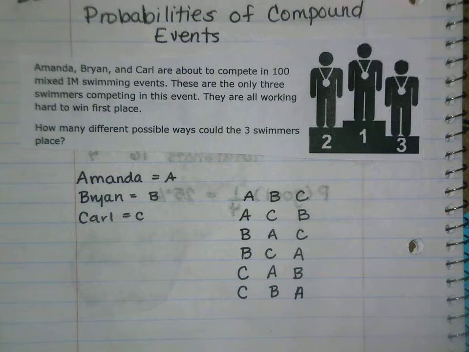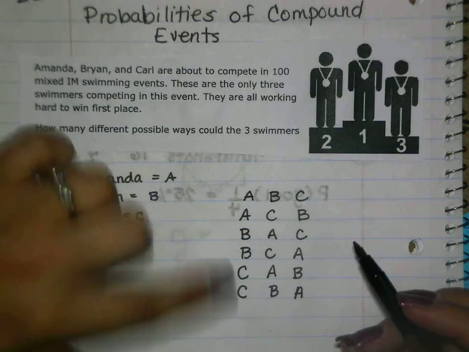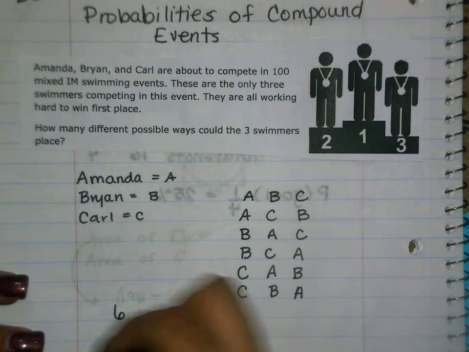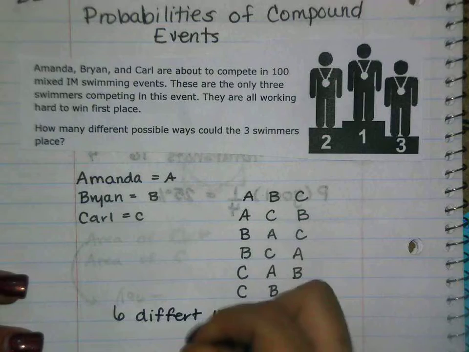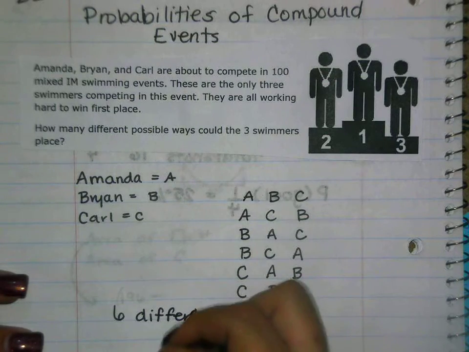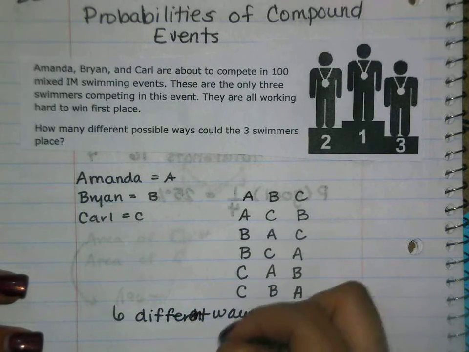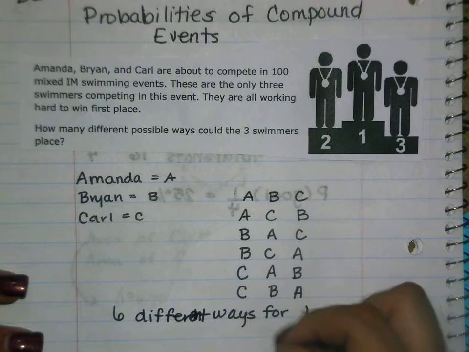Okay, and that takes into consideration all the different types, right? So that's 1, 2, 3, 4, 5, 6. That is 6 different ways for the swimmers to place.